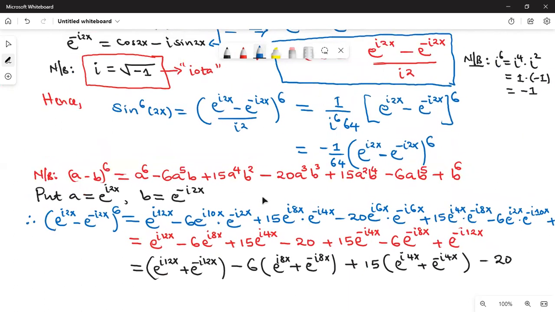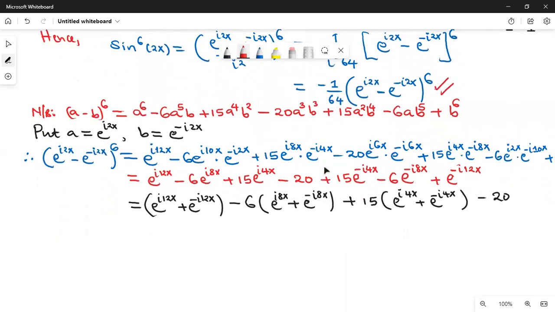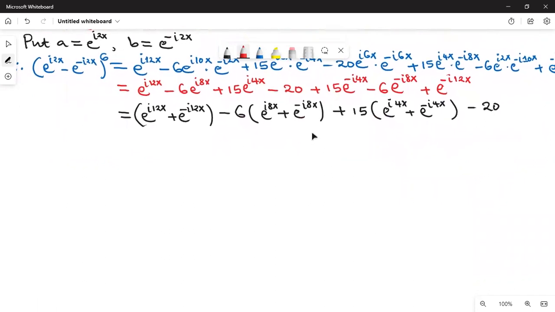Now let's go back to our expansion for sine raised to 6 of 2x. I'm going back to that equation. We said that's supposed to be negative 1 over 64 times the expansion of exponential i2x minus exponential negative i2x raised to 6.